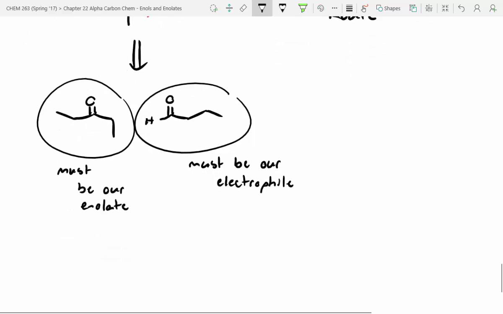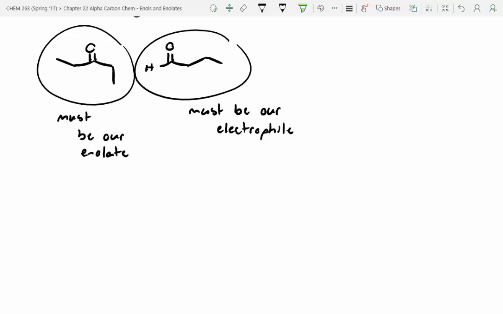All right, so now let's try to piece this together into a common sense approach. I'm going to draw our first starting material with our diethyl ketone there. All right, how do we form an enolate 100%? Yeah, drip into LDA. So step one, I'll say LDA. We want to drip it into the LDA, not the LDA into it, if that makes sense.